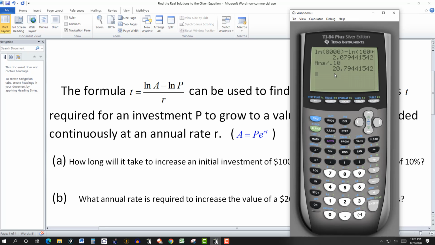So this gives me 20.79, rounded to 2 places. And that, of course, is in years. So to grow $1,000 to $8,000 at a 10% annual rate, compounded continuously, it'll take almost 21 years, but 20.79 years, rounded to 2 places.